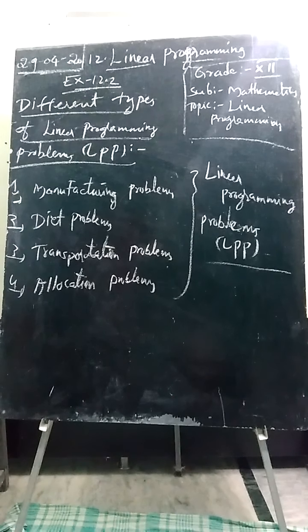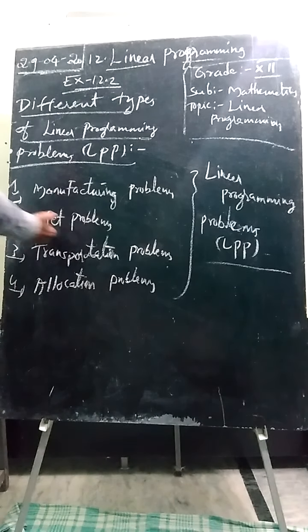Then we will represent the linear inequations or constraints graphically. If it is a closed polygon, we will get the feasible points or feasible region. Based on that, we can find the maximum profit in that particular manufacturing field.